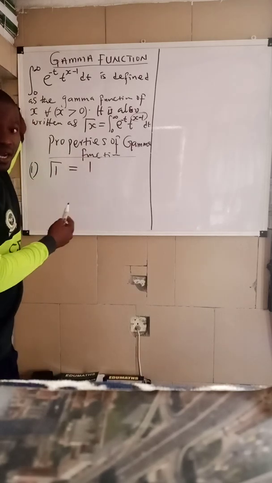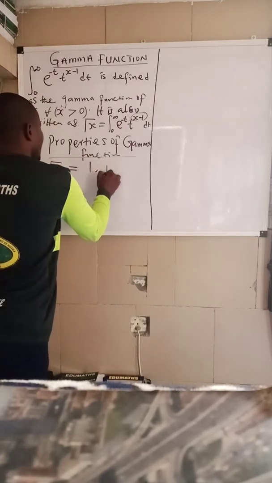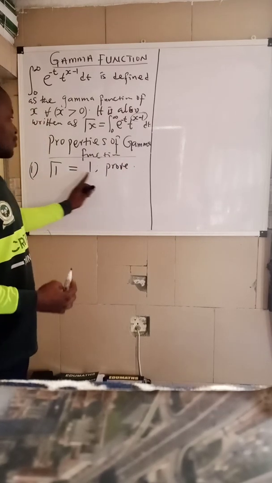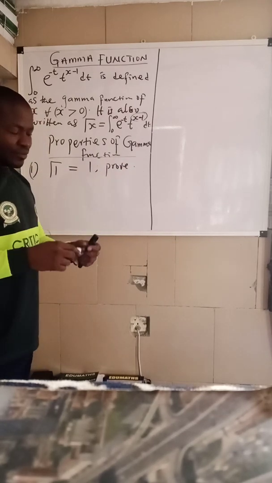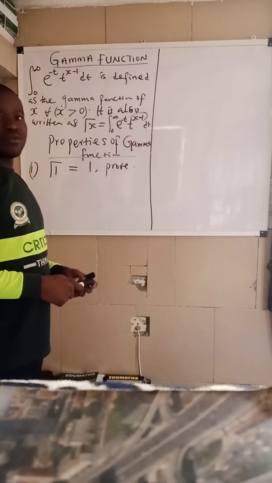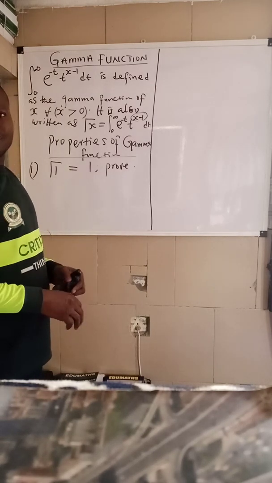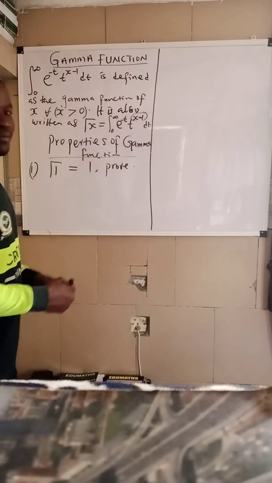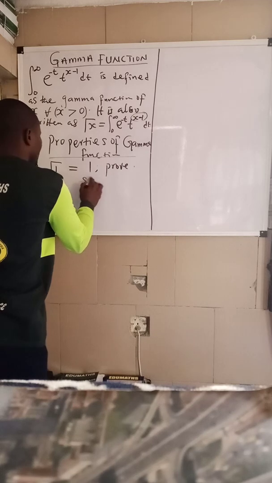We are told that gamma 1 is equal to 1, and we have to prove it. So for us to prove that gamma 1 is equal to 1, we are going to make use of the general definition of gamma x. Solution.